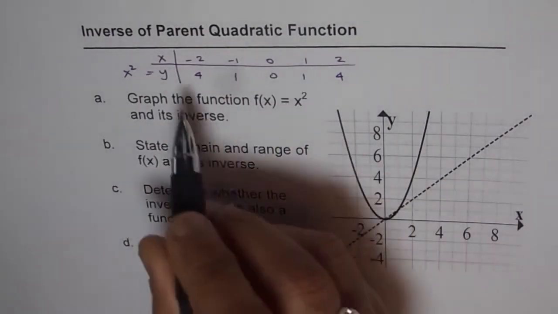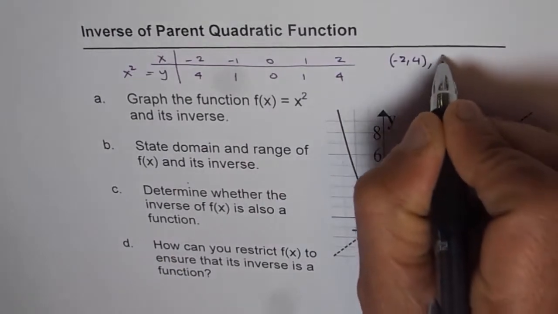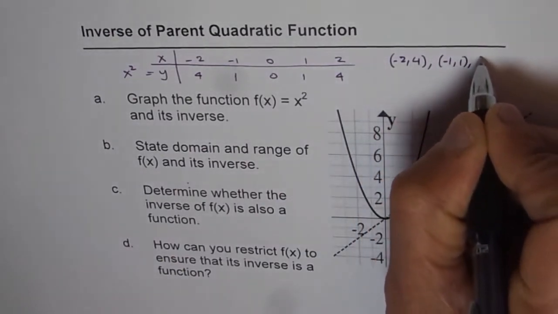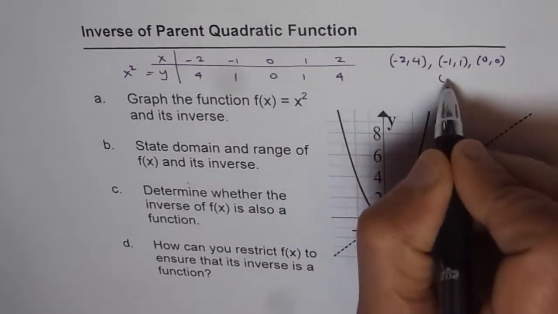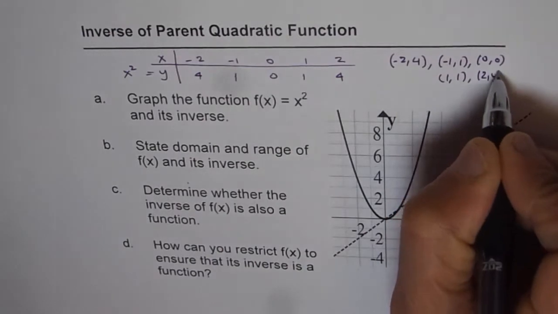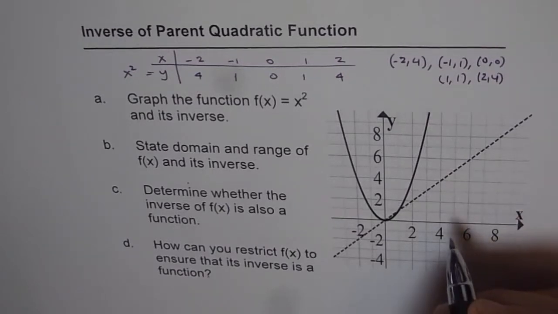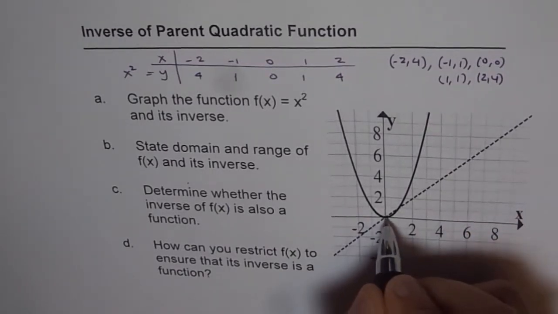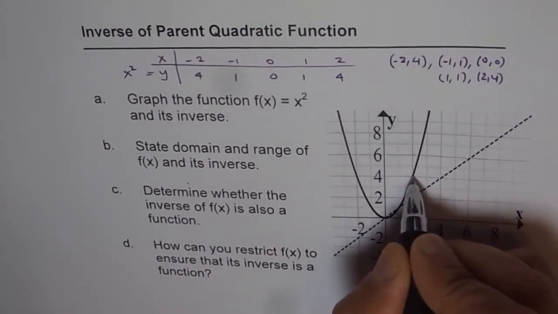The coordinate points which we get are -2, 4, -1, 1, 0, 0, and then again 1, 1 and 2, 4. These are a few points which will help us sketch the quadratic function f of x equals x squared. So this is 0, 0, then we have 1, 1 and then 2, 4.